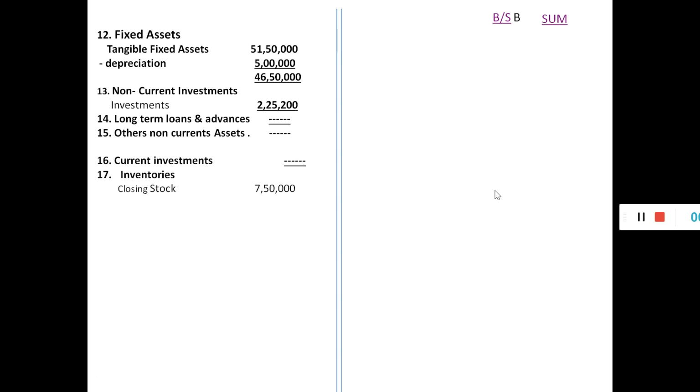Inventory, closing stock 7 lakh 50,000. Work in progress 2 lakh as per the sum. Stores 4 lakh as per the sum. Loose tools 50,000 as per the sum. Total 14 lakh will be shown in the balance sheet.